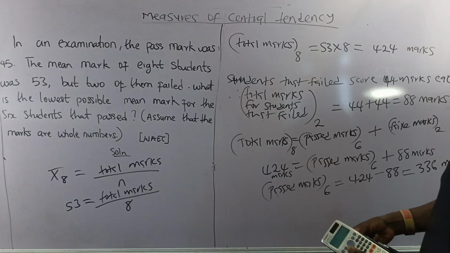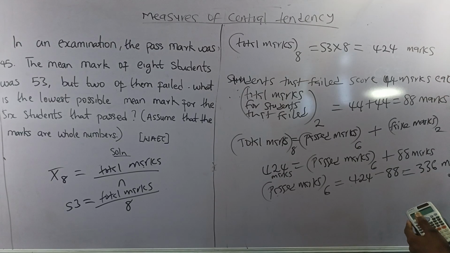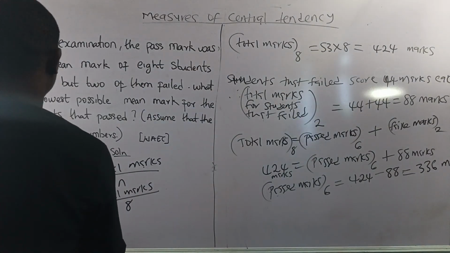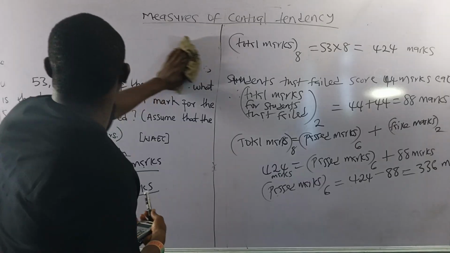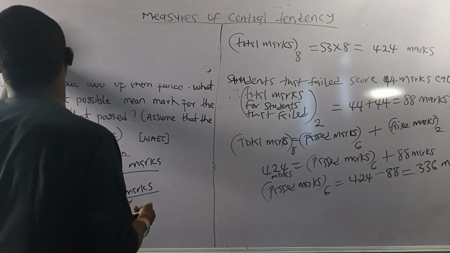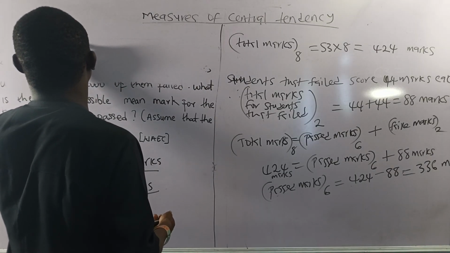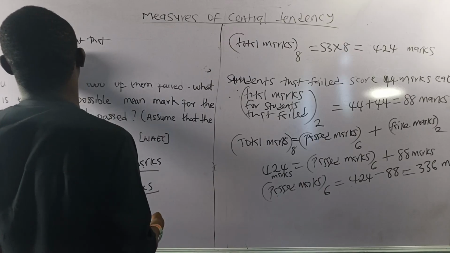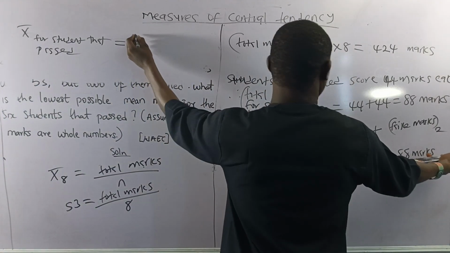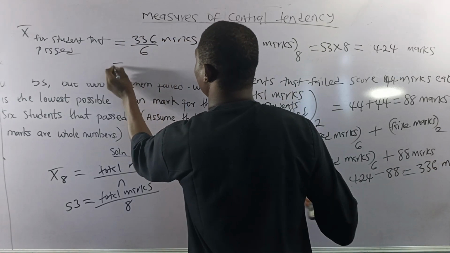But they said lowest possible mean mark. So we've gotten the lowest possible mark. To get the mean, we simply divide by the 6. So we have min mark, which is S bar for students that pass, equal to passed mark, which is 336 marks, divided by 6.